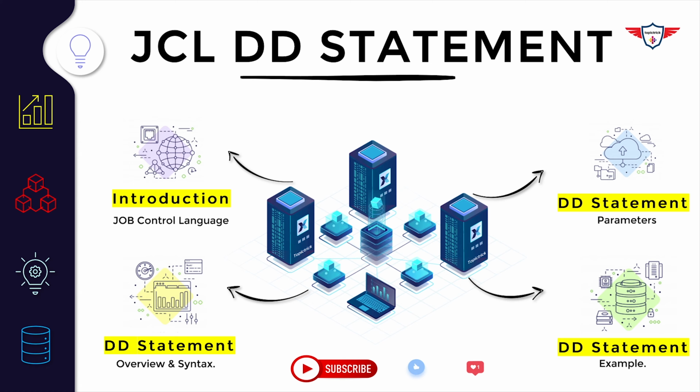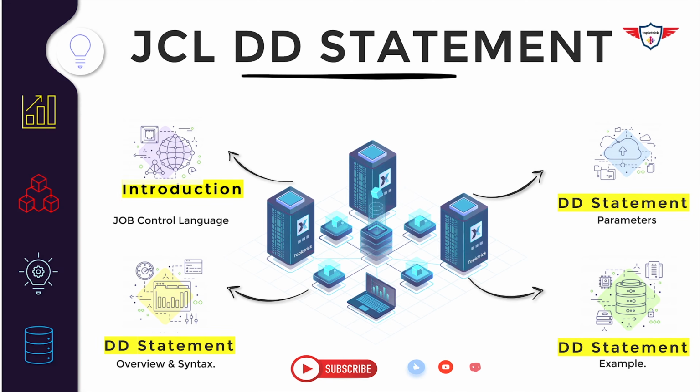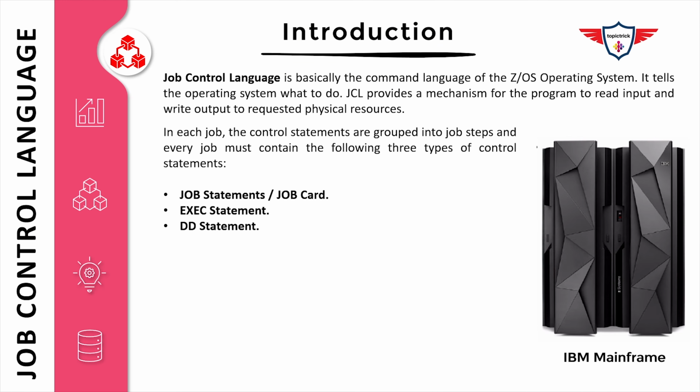So let's get started with introduction to JCL and job control statements. Job Control Language or JCL is basically the command language of the z/OS operating system. JCL actually provides a mechanism for the program to read input and write output to the requested physical resources.